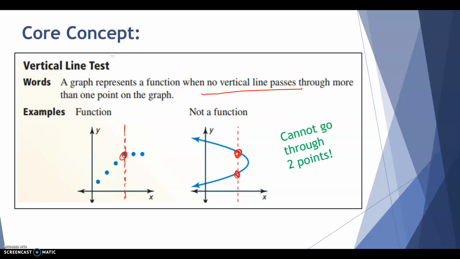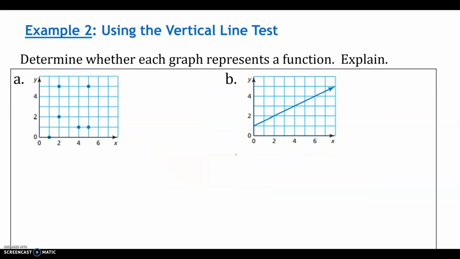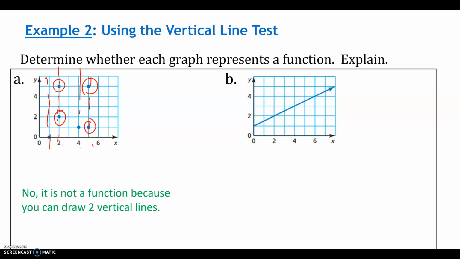It can't even go through 3. 1 is the limit. So here we go. First example, let's draw dotted lines. Dotted line, dotted line. Uh-oh, I see 2 violations. I forgot this one too. I see this one and this one, and this one and this one. It doesn't matter. It's not a function because you can draw 2 vertical lines. Even if I drew 1, you can't do that. It can't go through 2 points.